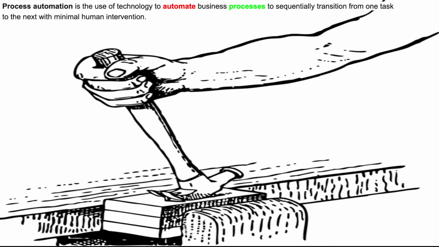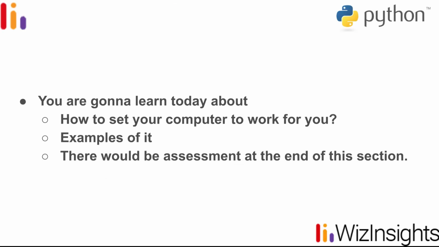This is the process automation definition. So, how can we achieve this? What we are going to learn in this course is how to set your computers to work for you, with examples of it, and definitely there will be an assessment at the end of this section for you as well.